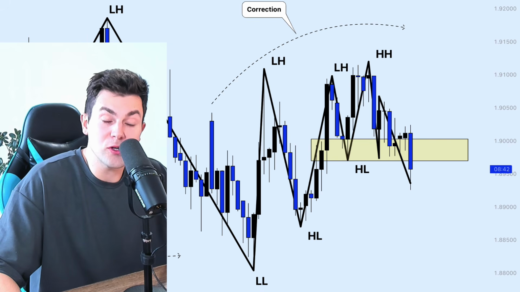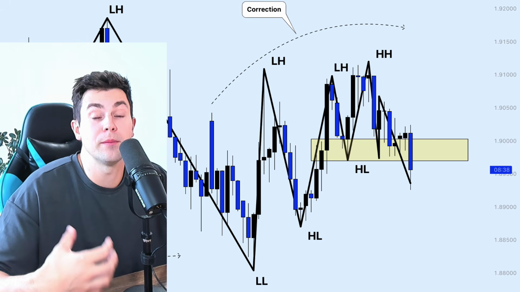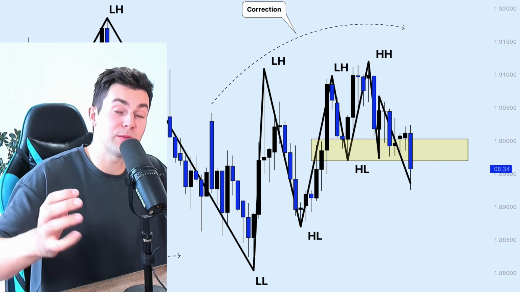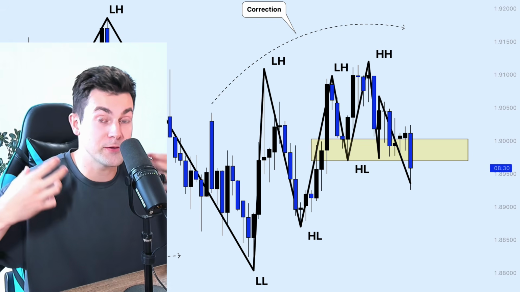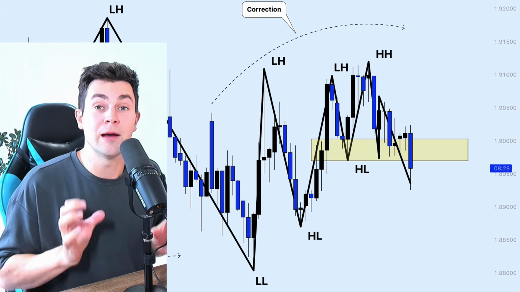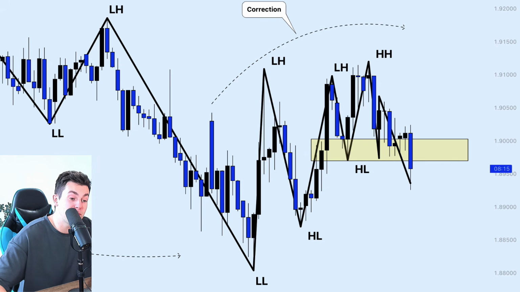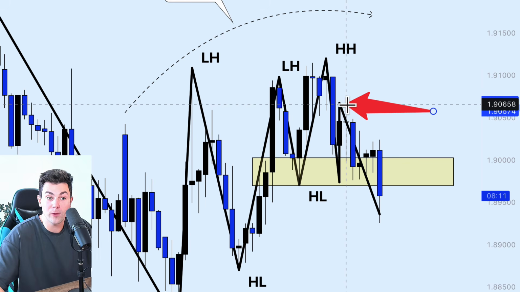A confirmed bearish violation of this order block zone may compose a mitigation block, and in order to confirm that, we will need to check a preceding price action before the breakout of the order block zone. We can see that before a breakout, the price set a lower high right here.